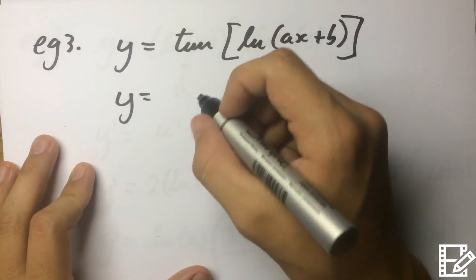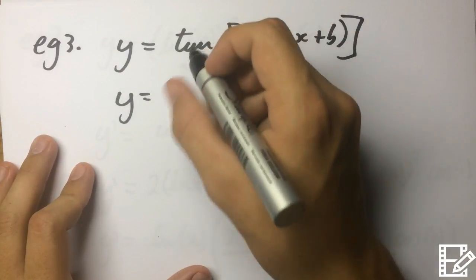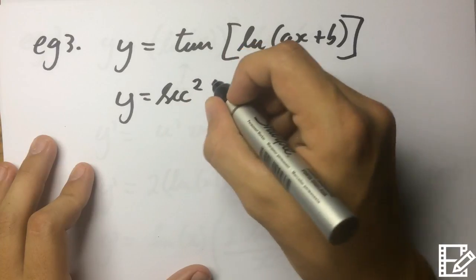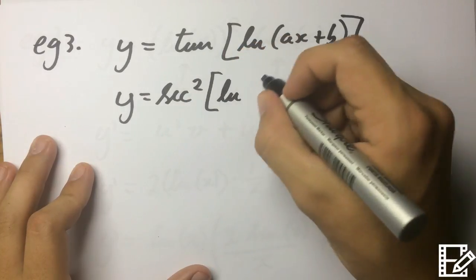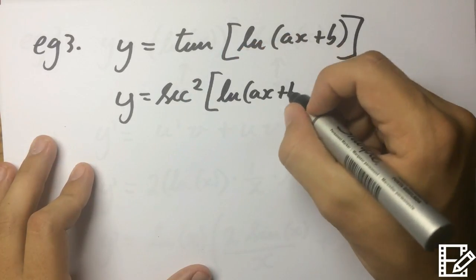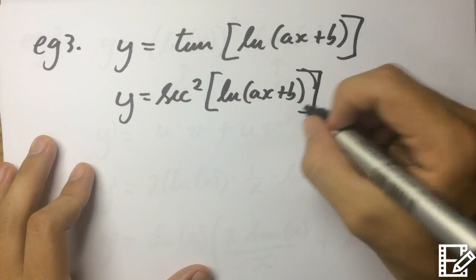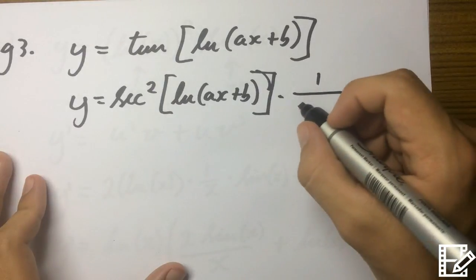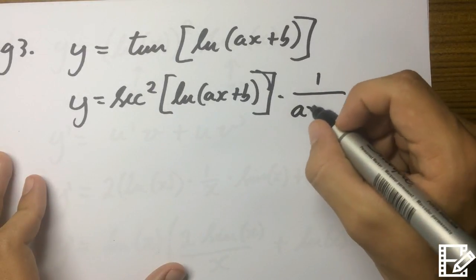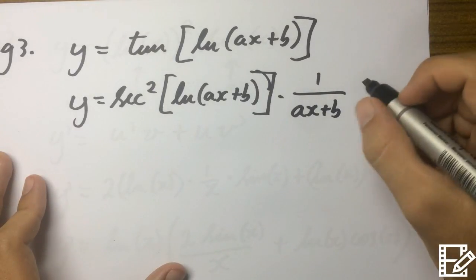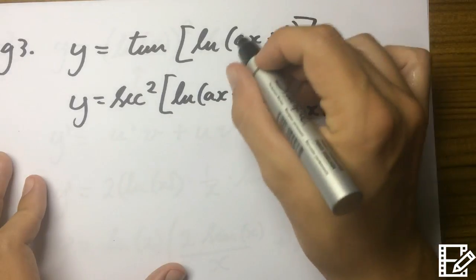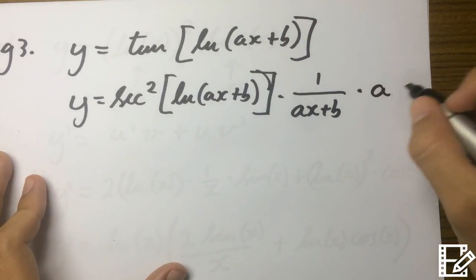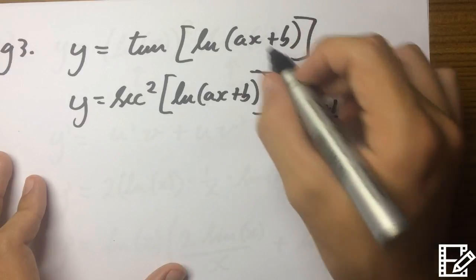It's just like working with numbers. So, outside, derivative of tan is sec squared, so it stays the same. Multiplied by the derivative of the inside, which is just 1 over (ax plus b), multiplied by the derivative of the innermost function, which should be a, because the derivative of ax plus b is a.